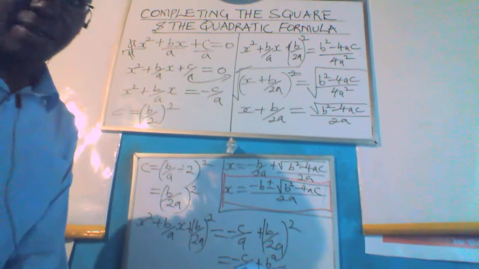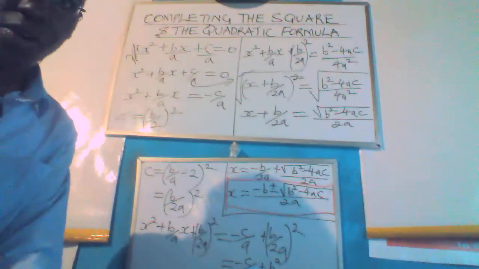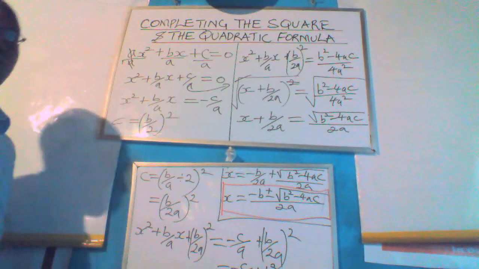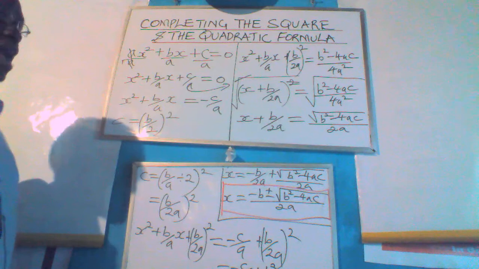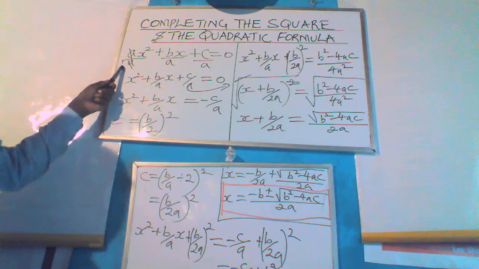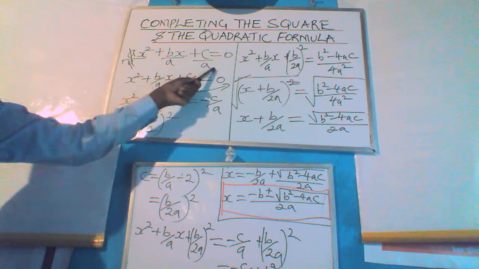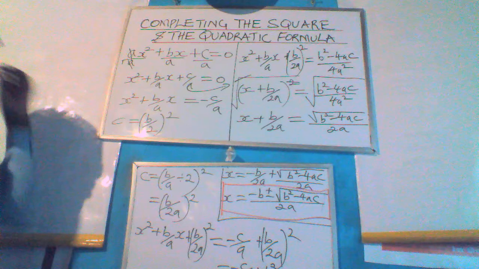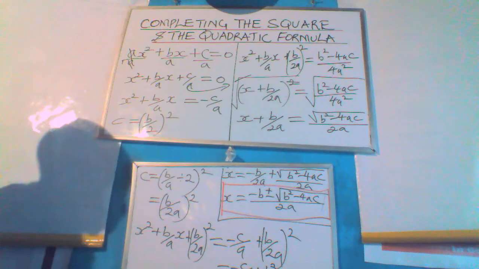What have we said? To derive the quadratic formula using the method of completing the square, the first rule is making the coefficient of x squared unit, or 1. That's why we're dividing by a. Once we do that, the second step is to move the constant term to the right hand side, which we did, and we got it as minus c over a.